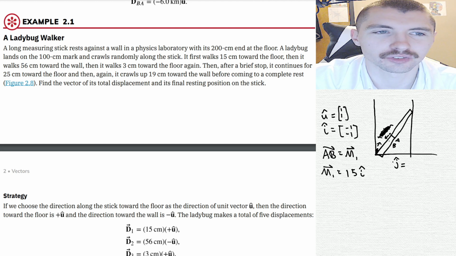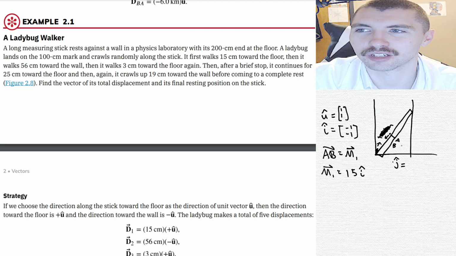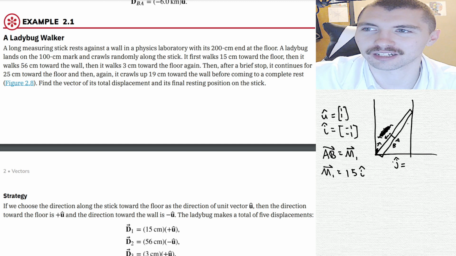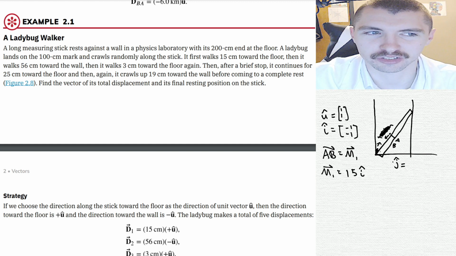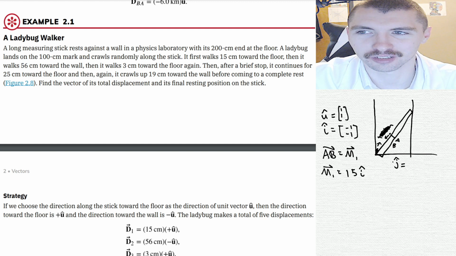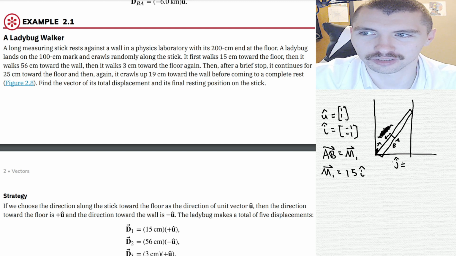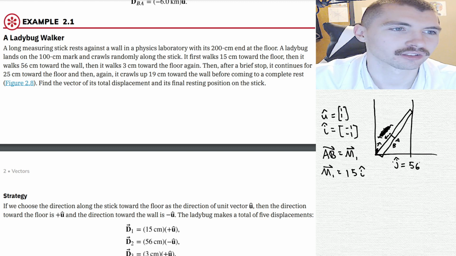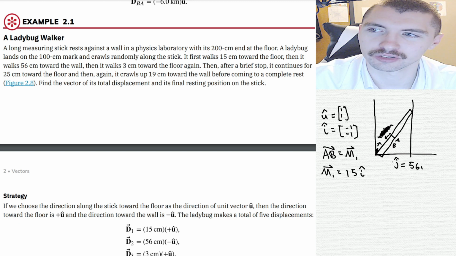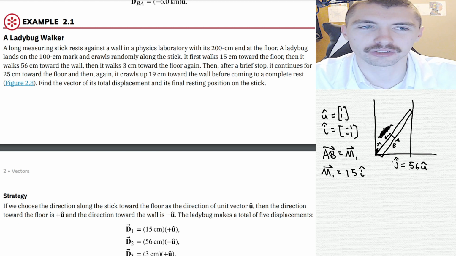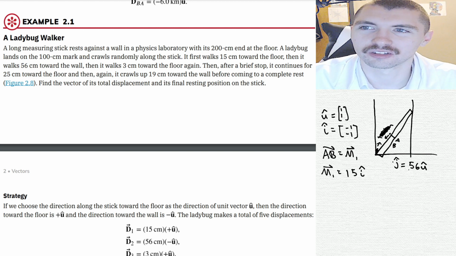Then it walks 56 centimeters towards the wall. Now it's not going straight left, because remember it's resting against the wall, so it's at an angle. So when it says walk 56 centimeters towards the wall, it's actually going northeast. So it's going to be U hat, 56 centimeters times U hat, or 56 in the northeast direction.